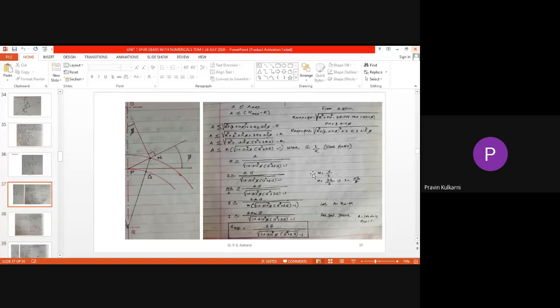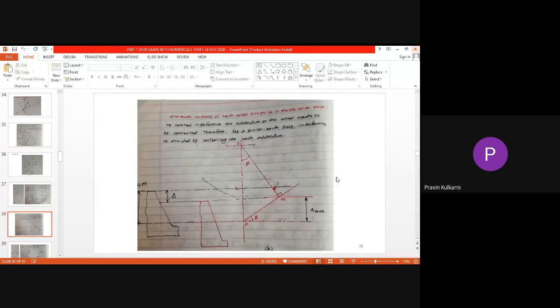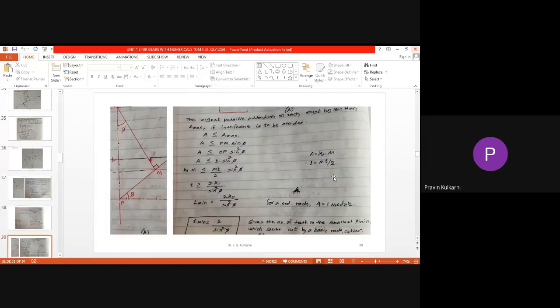Minimum number of teeth to avoid interference is given by this formula: 2g upon the square root of 1 plus sin square phi into g square plus 2g minus 1. Also, minimum number of teeth when the pinion is in mesh with a rack is given by 2 upon sin square of phi.